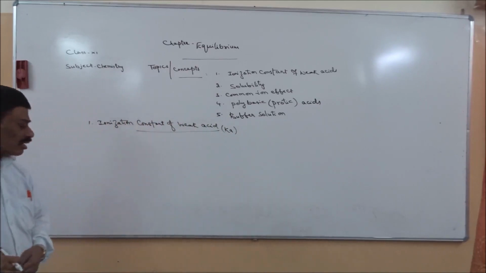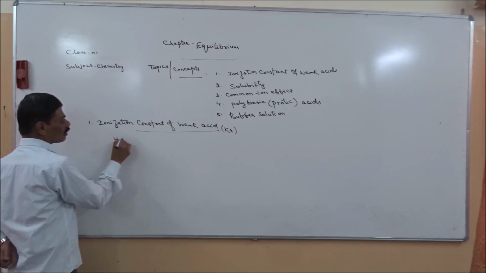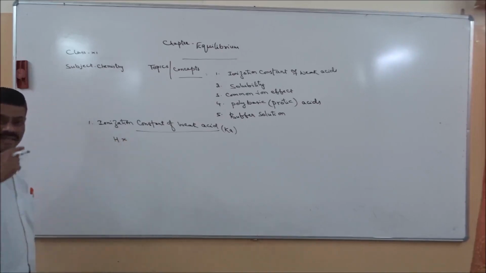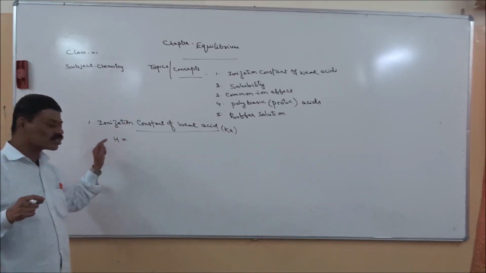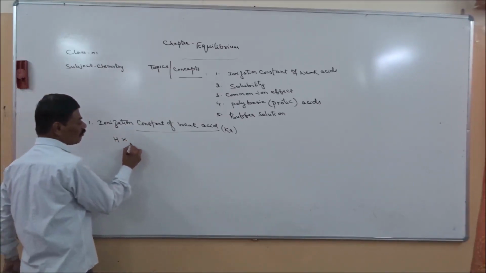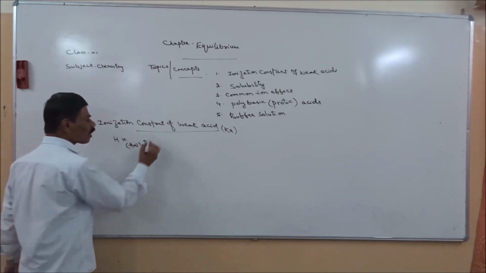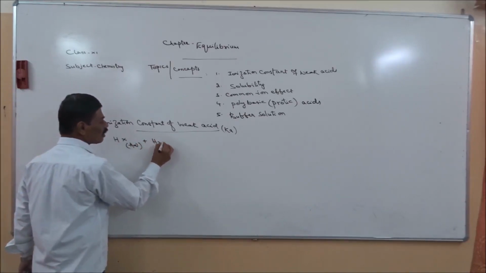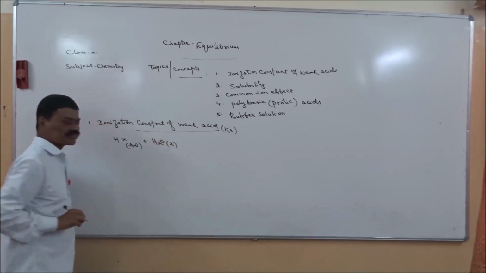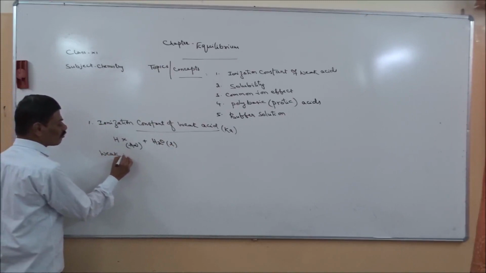Now imagine a weak acid of type HX or HA. Here the thing is, a proton should be there in it. That's it. And to this weak acid, water, H2O, is added.